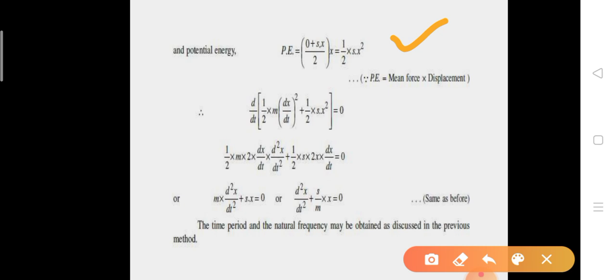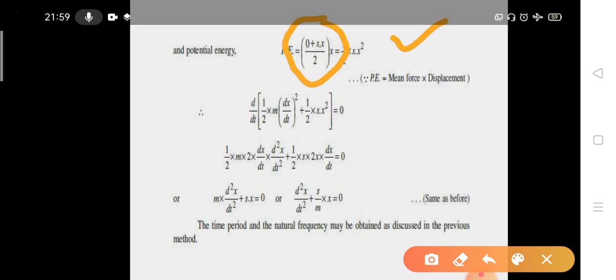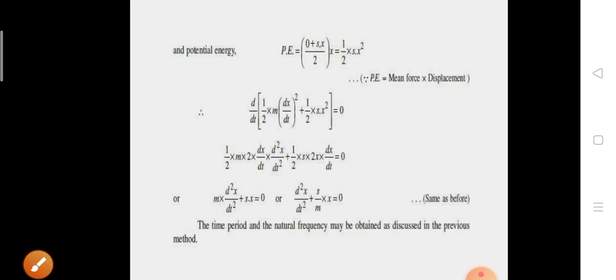Okay, now we will find out the potential energy of the spring. So what will be the value? We all know the energy stored by the spring, so you have to take the average value, initial value plus final value. So 0 plus kx, or sx, by 2 into x, the deflection of that spring.